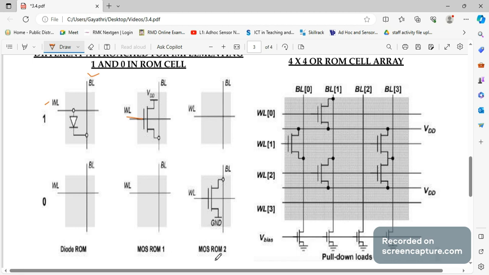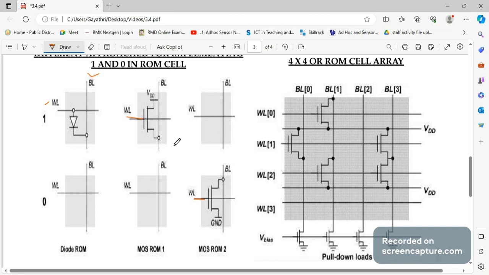Similarly, coming to MOS ROM 2, just make it the vice versa of this category. If nothing is connected between your word line and bit line, then that stands for state 1 of MOS ROM 2. Similarly, if we connect an NMOS transistor whose gate is at the word line, the source is connected to the bit line and the drain is grounded, then that is state 0 in your MOS ROM 2.